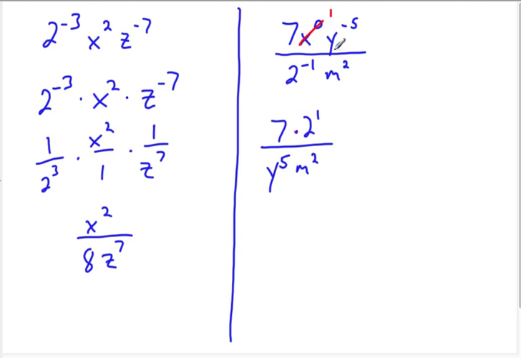And again, as you apply the negative, it goes away. And then this m had a positive one, so it just stays where it is. Now we can simplify. 2 to the first is 2 times 7 is 14 over, technically these should be in alphabetical order, so I'm just going to write m squared y to the 5th.